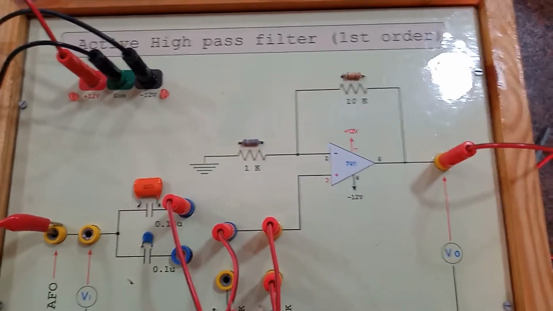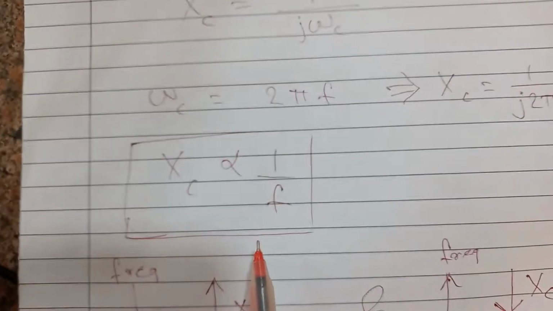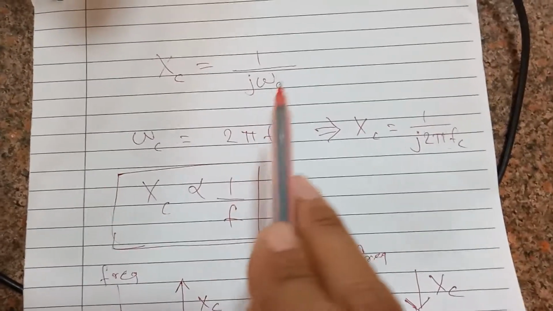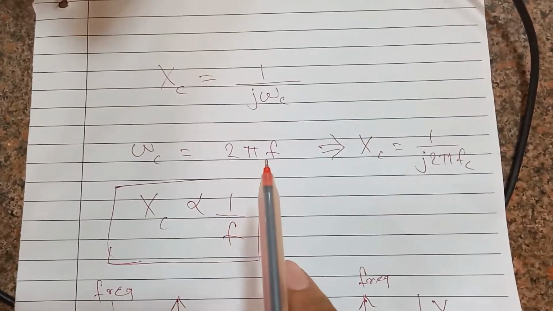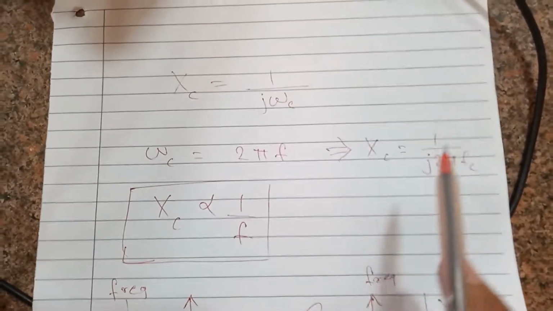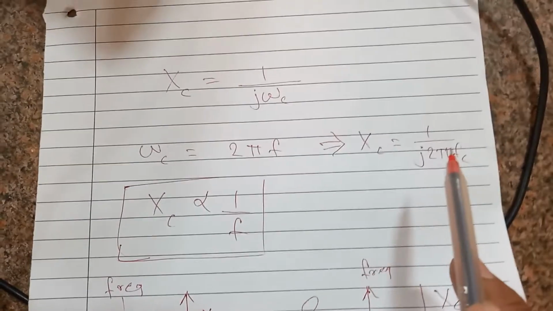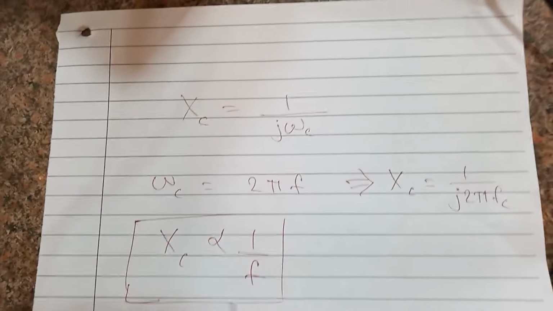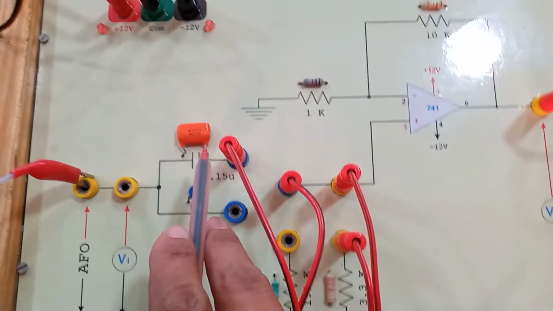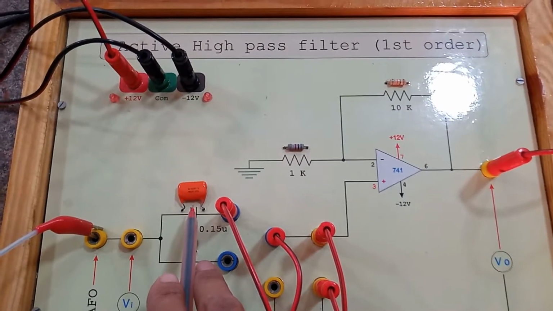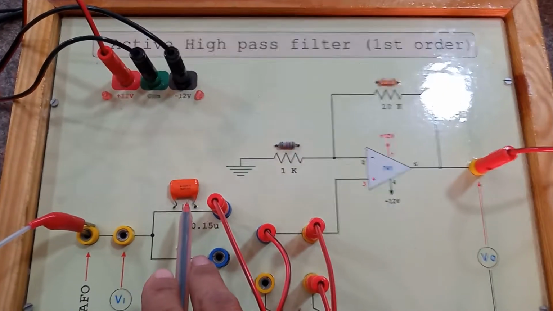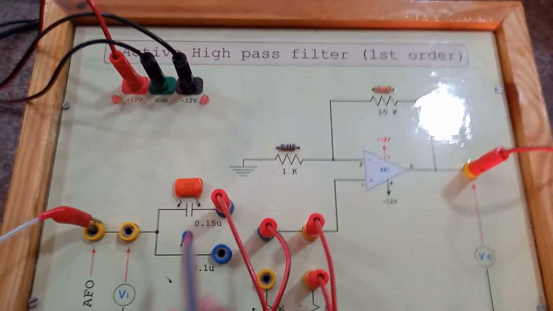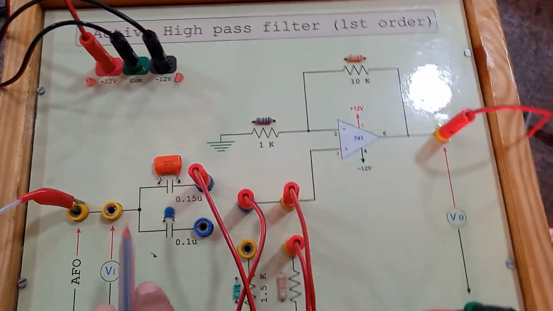How is it passed? As XC is inversely proportional to F, XC is equal to 1 by j omega C, where omega is equal to 2 pi F. So XC is equal to 1 by j 2 pi F C. If we take all the constants, XC is inversely proportional to F. So if you have low frequency, you will have high reactance, so the low frequency signal will not pass.